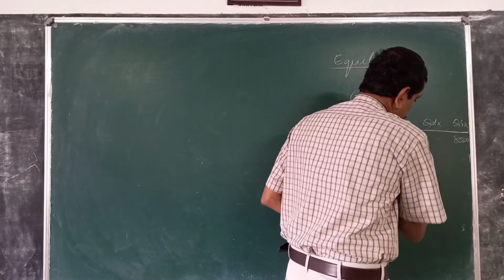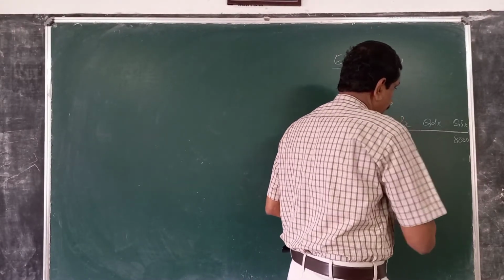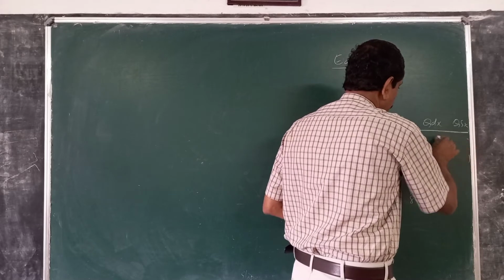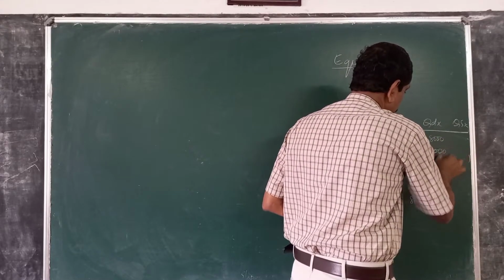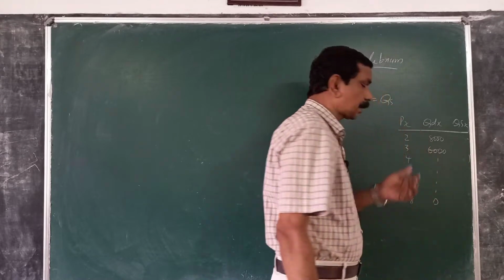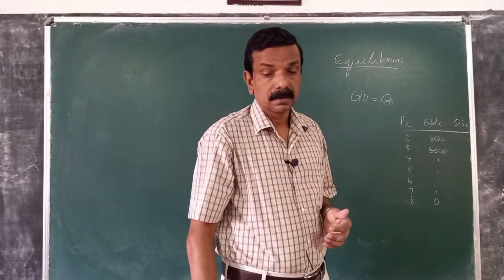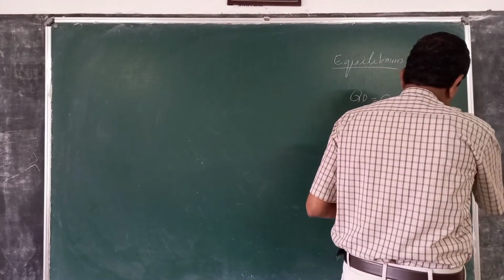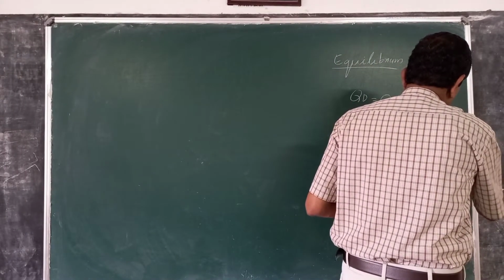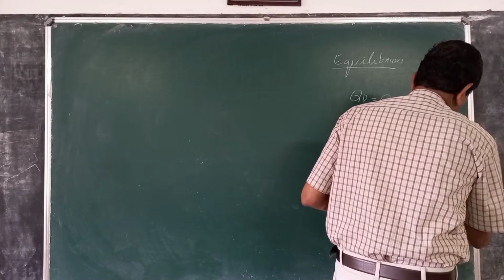As price of X increases, quantity demanded falls from 8000, 6000, etc., while quantity supplied rises 2000, 4000, etc., up to 8000.